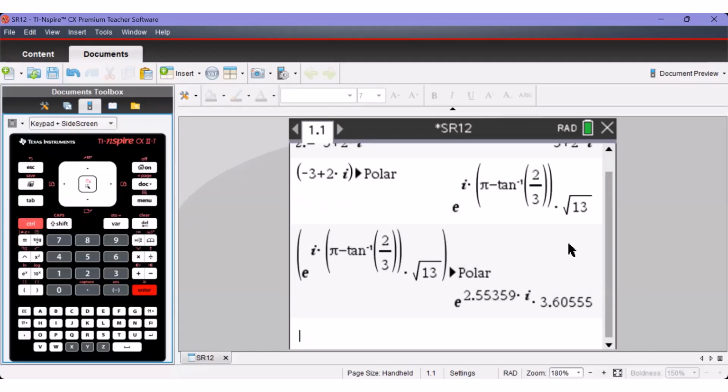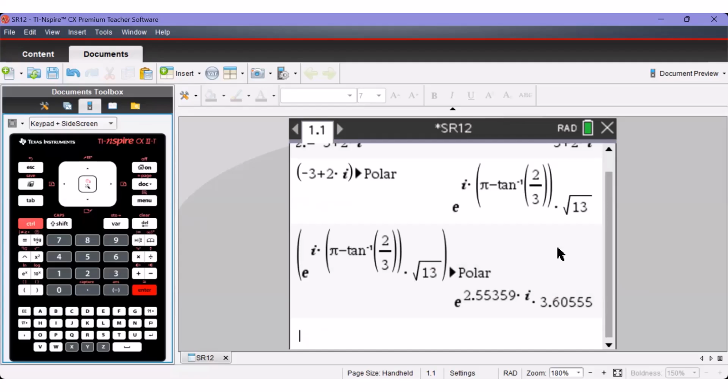3.61 cis 2.55. Remember that the Nspire doesn't give complex numbers in cis form. Nspire gives complex numbers in Euler or exponential form.